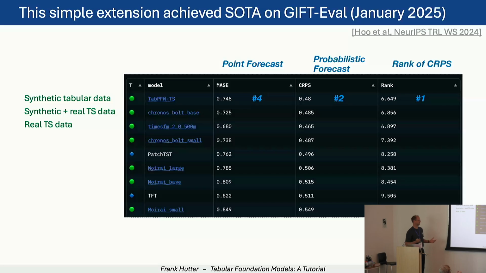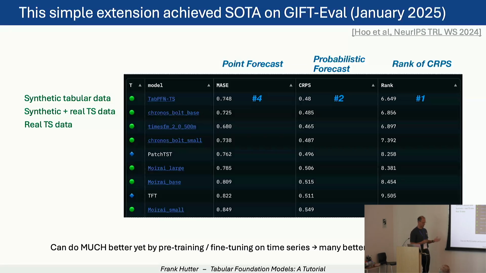And it was clear that this is not going to be the end. And you can do much better by pre-training and fine-tuning on real time series. And since then, there's many, many better models. Tyrex is currently leading, but there's like another 8 that have come out since January, and this is a booming field. So I think we have definitely not seen the end of that.